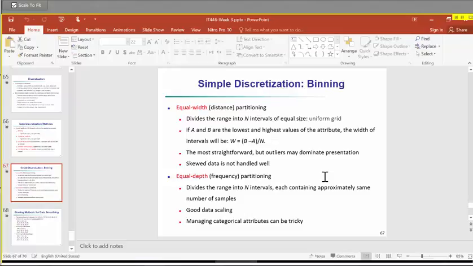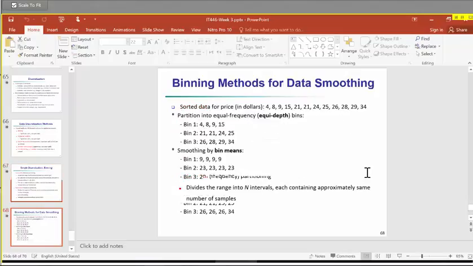In this, we divide the range into n intervals, and each contains approximately the same number of samples. So all the intervals will have the same number of samples. It is good for data scaling, and it is also good for managing categorical attributes. But this managing of categorical attributes can sometimes be very tricky in this type of partitioning.